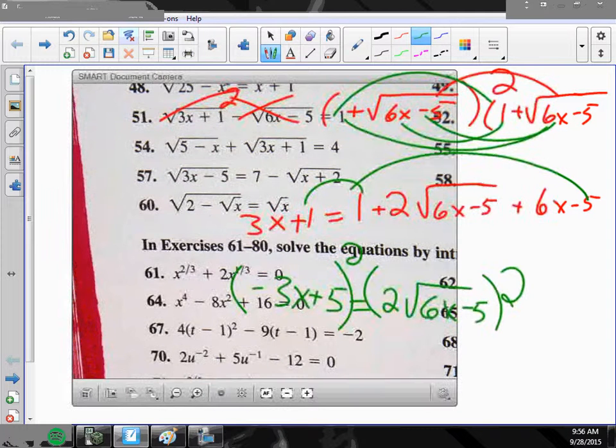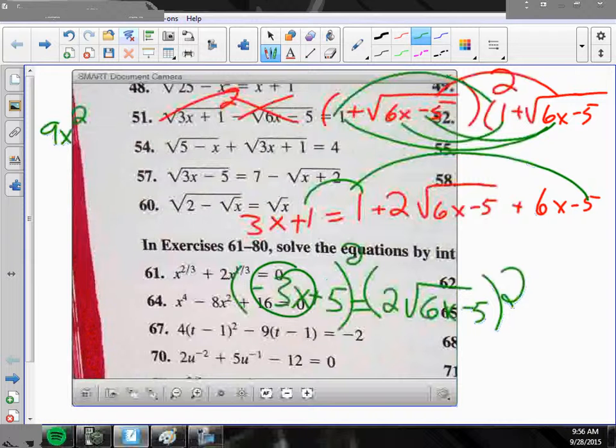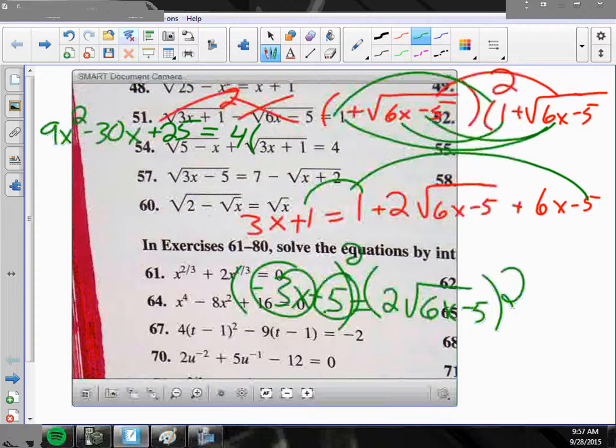and that gives me, on the left side, I get 9x squared. And this term times this term is negative 15, but I have 2 of them, so negative 30x, and then 5 times 5 is 25. And that equals 4 times 6x minus 5.